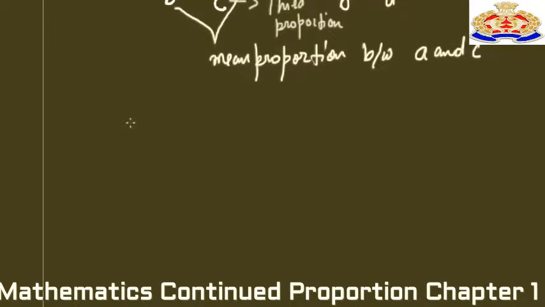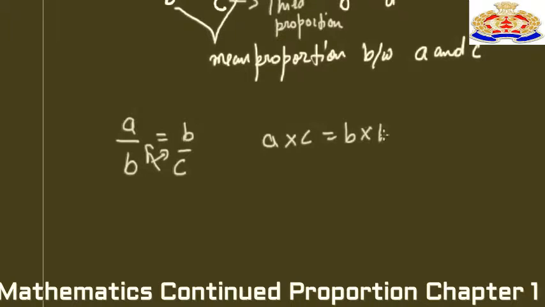Now we know that if A, B, C are in continued proportion, then we can cross multiply it as we have multiplied in the proportion. So we will get A into C is equal to B into B, and we can write it as B square is equal to A into C, or we can say B is equal to root of AC.